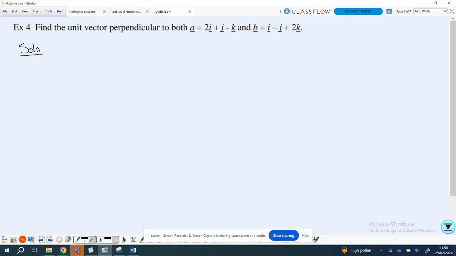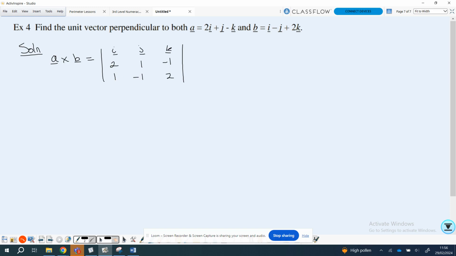So, I need to find a perpendicular vector to start with, which means I'm working out the cross product between the vectors A and B. So I'm going to work out what A cross B is. Okay, so that's going to be 2, 1, negative 1, that's for my A vector, 1, negative 1, and 2 for my B vector there.